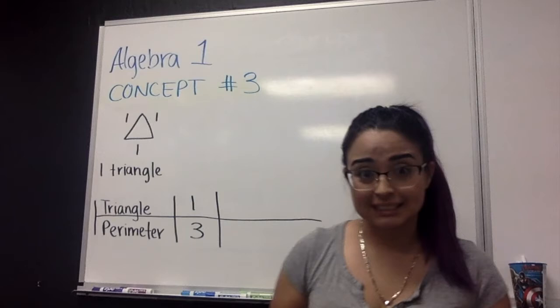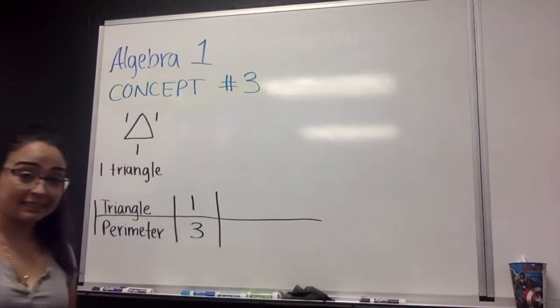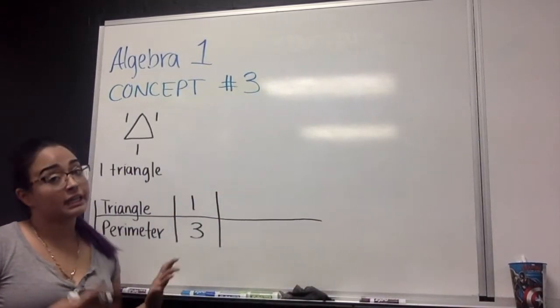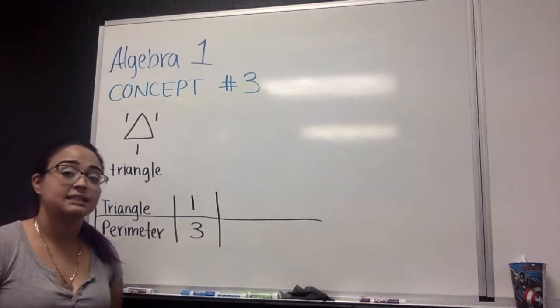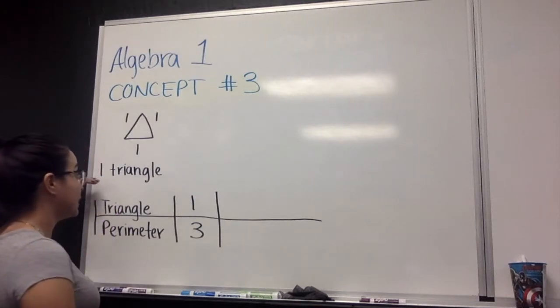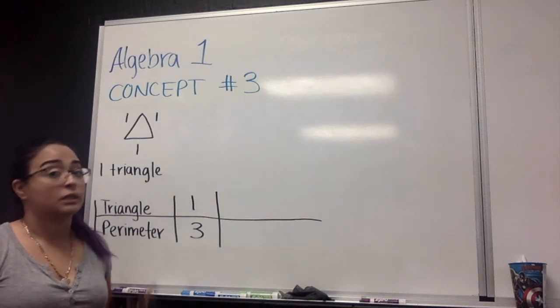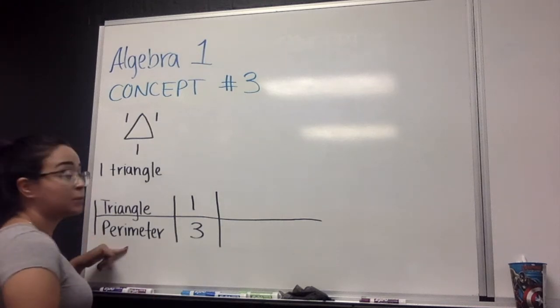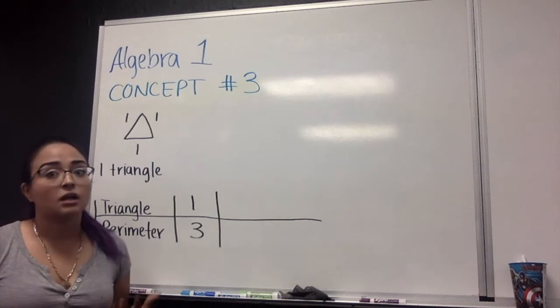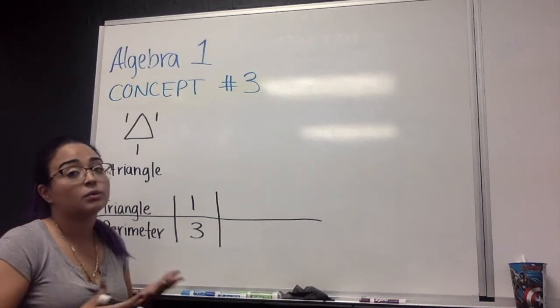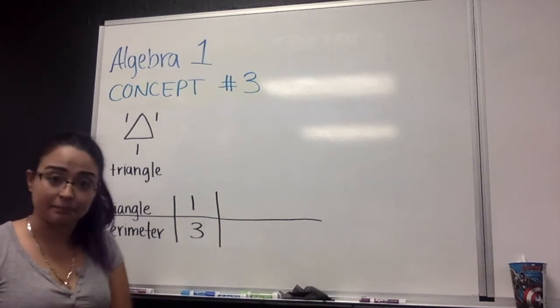Let's go ahead and get into this example. In this example, our input or independent variable is going to be the triangle. Our dependent variable or our output is going to be the perimeter. So depending on the triangles, we will have a different perimeter each time.